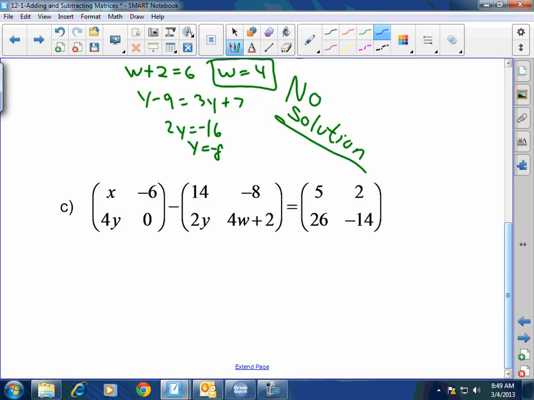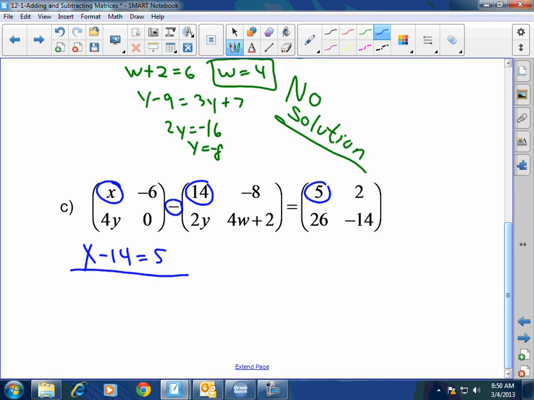Now here we get to a little bit more complicated stuff, but just write out, would be my opinion, every part of this equation. So let's first start with elements 1, 1. You're going to have x minus 14 equals 5.